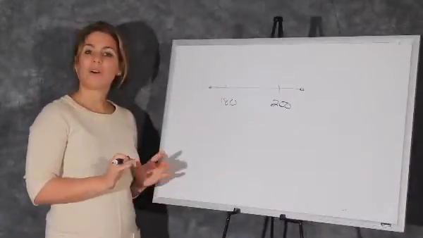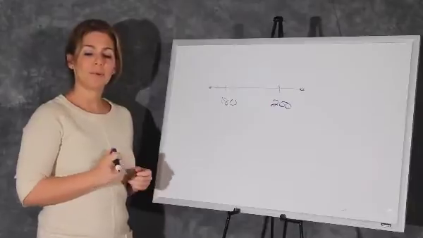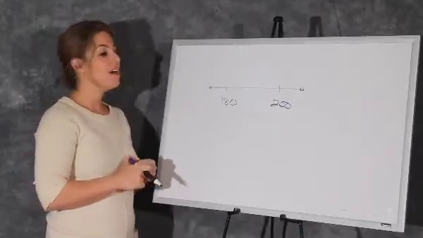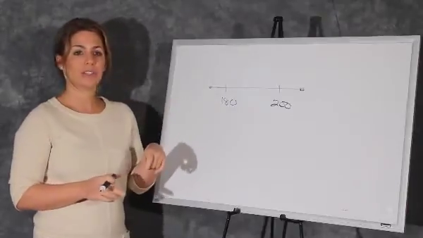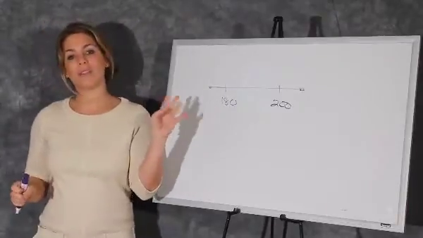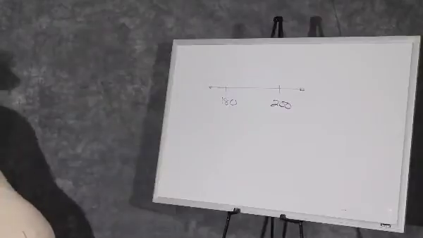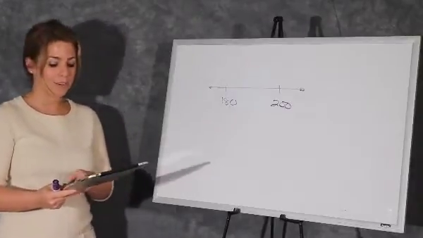Move into what we call parameter questions. And parameter questions involve absolute value, but not within the question. So for the question that we're working on here, it's talking about a boxer.